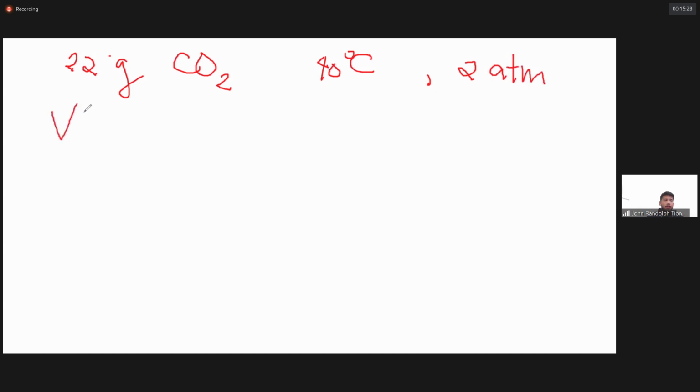Your unknown here is volume. You apply PV equals nRT to solve for this type of problem. Volume yung unknown. Just manipulate the formula or derive a formula from this one to solve for your volume.